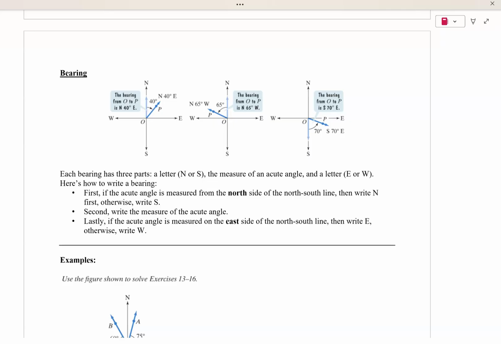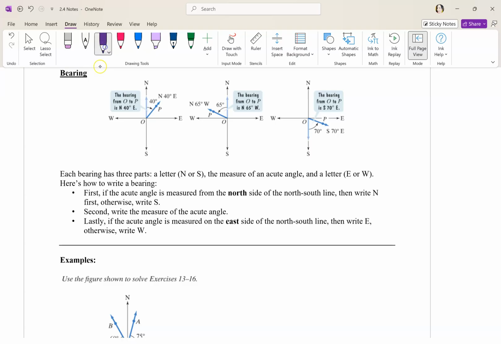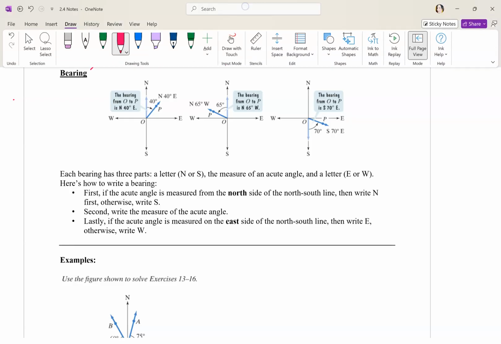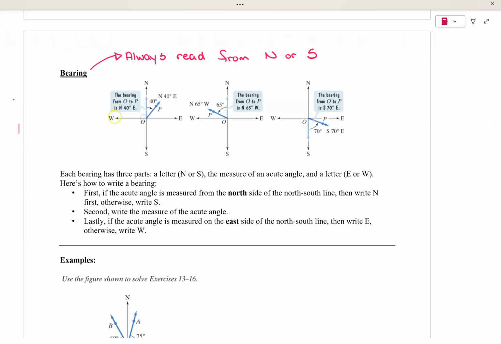So one thing that I want you to write is, I'm going to switch colors real quick. Okay, bearing, remember it is always red from north or south. So I want you to look at all the ones that we have here.